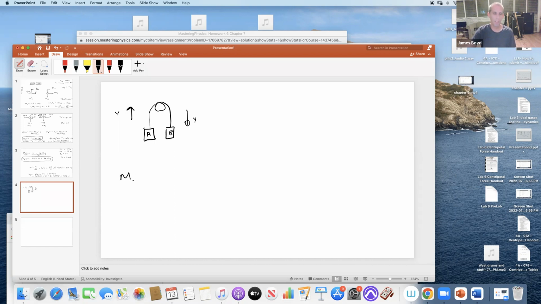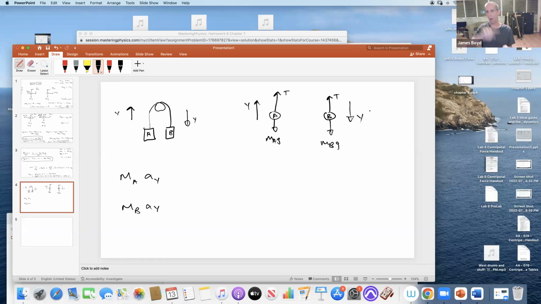Then we only have the following equations. We'll call this m_A a_y, m_B a_y. If we look at the free body diagram, everything has a weight. So for A, we have m_A g, and then we have a tension in the rope up. For B, we have a tension in the rope up, and we have m_B g. However, we need to choose Y to be along the rope the way that they're traveling.